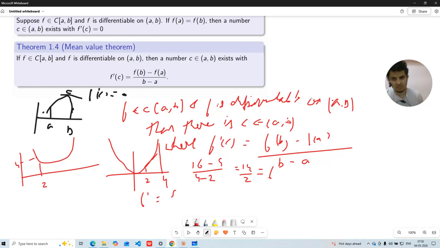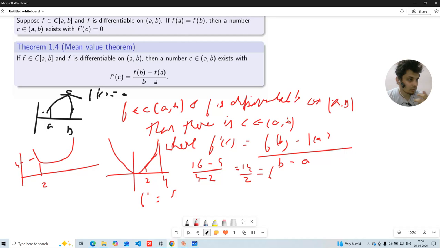Okay, I get it. The mean value theorem connects average change with instantaneous change.